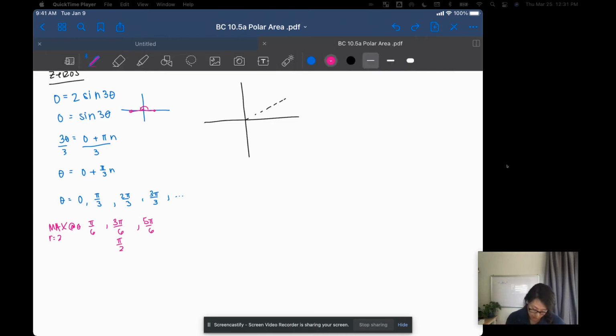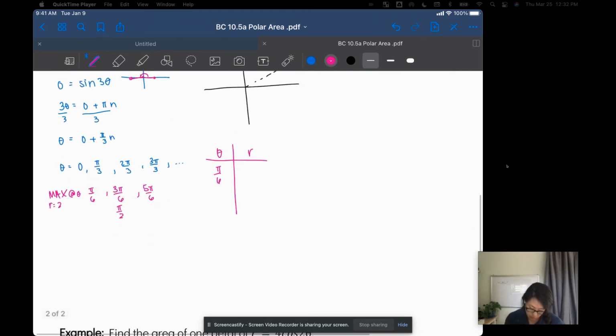So just to verify, I went ahead and made a little table of theta and r. So at pi over 6, r is equal to 2 times the sine of 3 theta. So I get r is equal to 2 times the sine of 3 times pi over 6, which is 2 sine of pi over 2. Sine of pi over 2 is 1, so we end up with a radius of 2 at pi over 6.